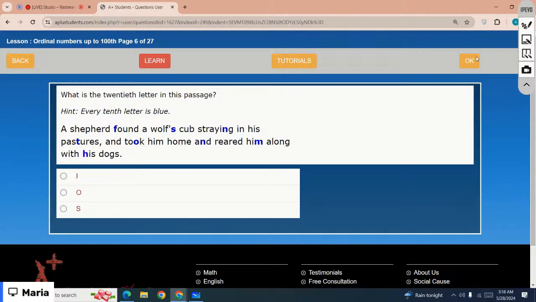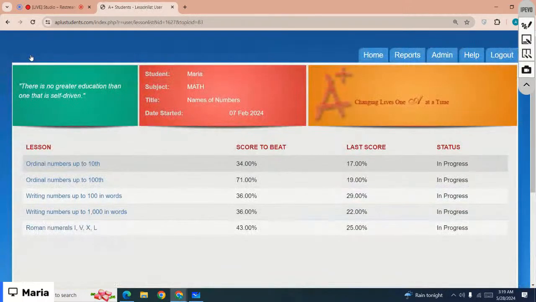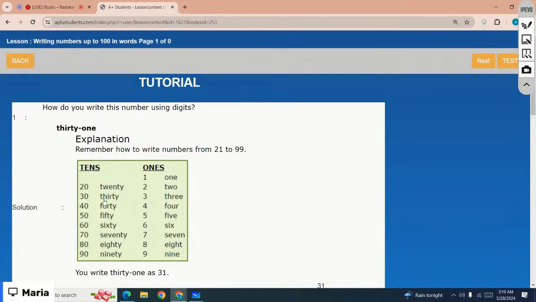The correct option is S. Okay, you can complete the letter lesson by yourself later today. Let's just move on to next lesson. The next lesson is writing numbers up to hundreds in words. So let's just start with the lesson.